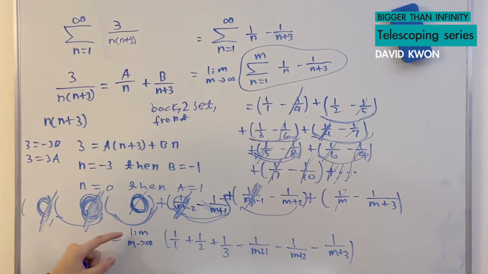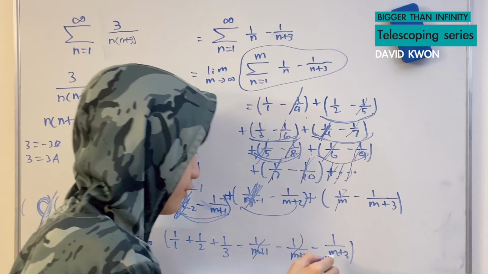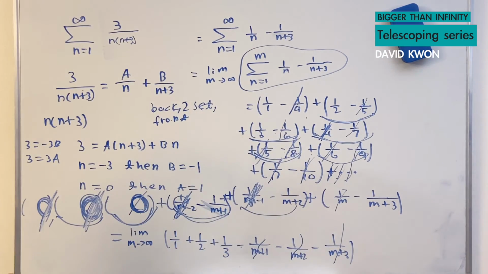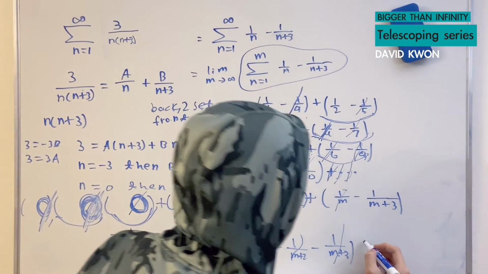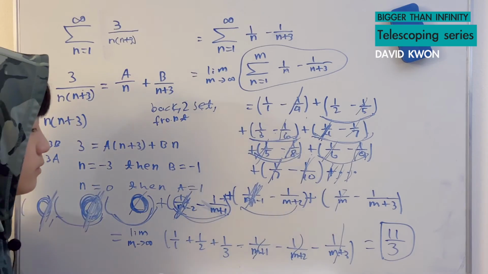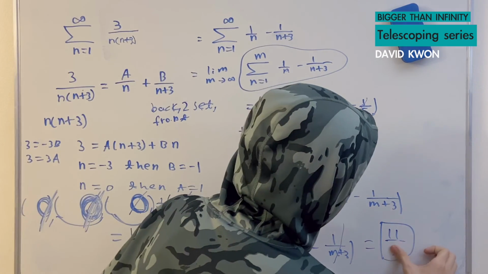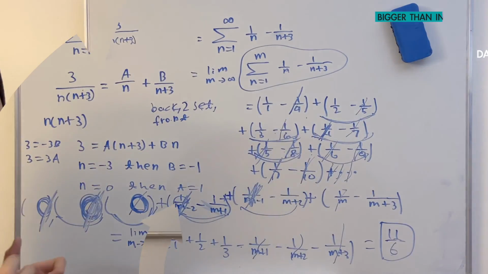As the limit of m approaches infinity, these terms are going to be 0, because 1 over infinity is equal to 0. So our answer is 1 plus 1 over 2 plus 1 over 3. That is equal to 11 over 3. Wait, no, 11 over 6. That could have been bad.